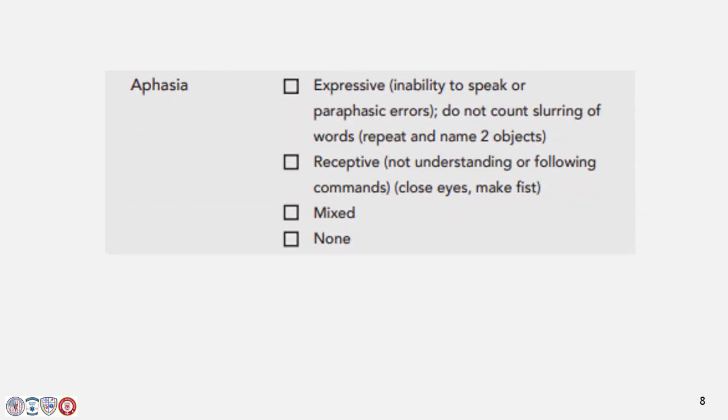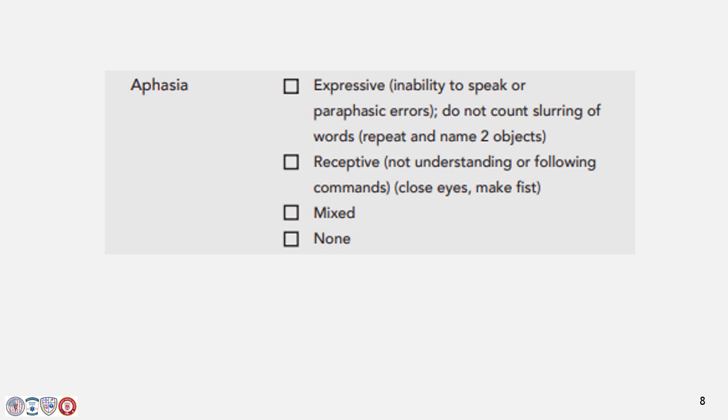Aphasia, expressive aphasia. They cannot speak, or they call things the wrong things. If you show them 2 objects, you show them a pen and your iPad, and they say it was a bunny rabbit and a squirrel, that is expressive aphasia. Receptive, you give them a command. If they cannot follow it, they probably have receptive aphasia.